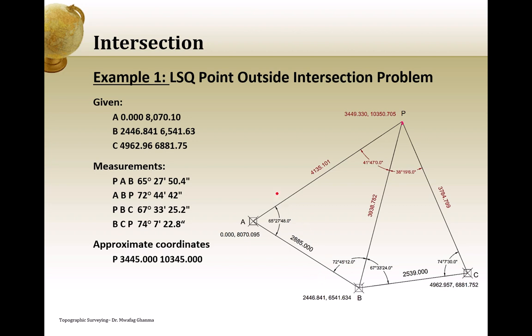In general, when we have the intersection problem, basically we have angle measurements, plus the coordinates. So we have the coordinates of the 3 control points, and we measure 4 angles. We have the approximate coordinates of point P. And of course, we have to come up with the estimates of point P.